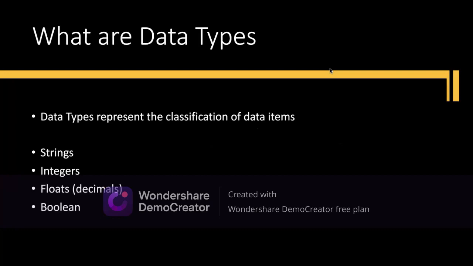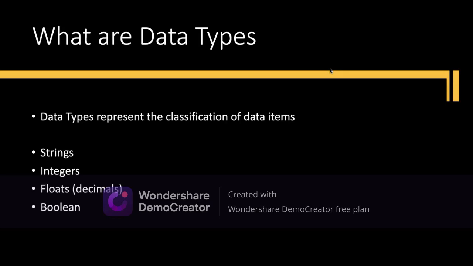So first of all, what are data types? Like mentioned before, Python gives you a way of storing many different things as a form of data. Data types represent the classification of these data items. So if you store a certain thing in a certain variable, that specific thing is classified as a certain data type.